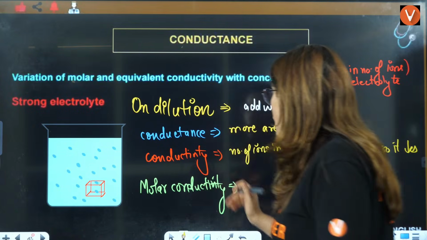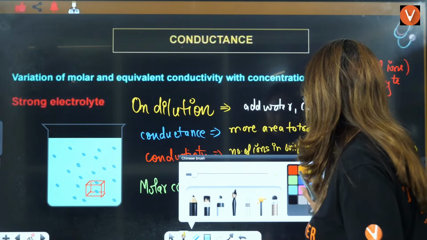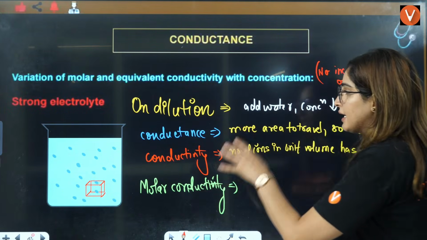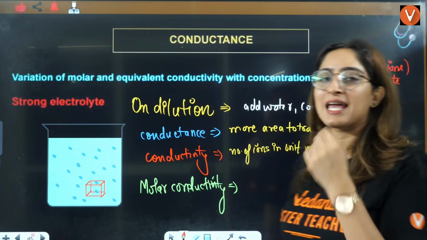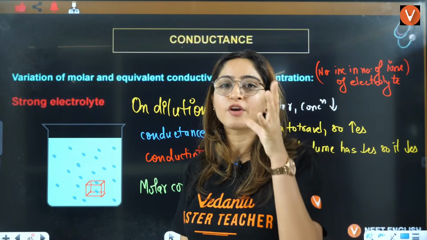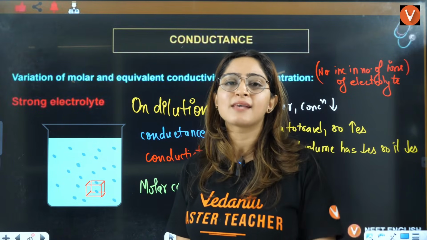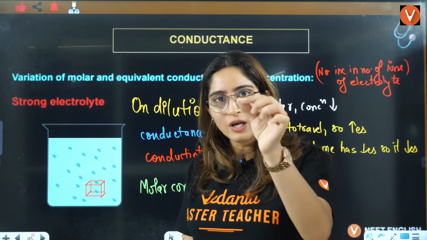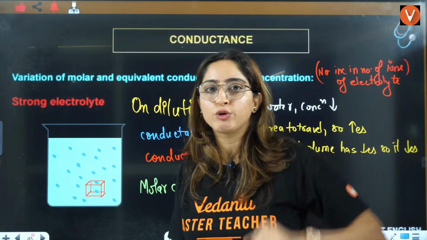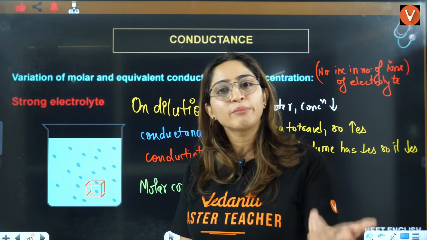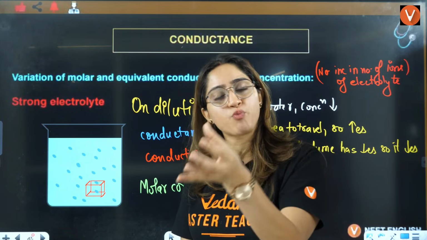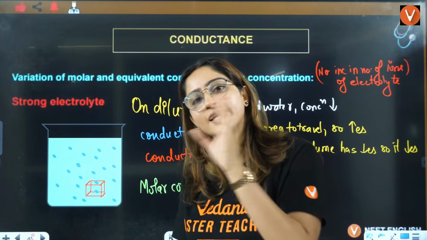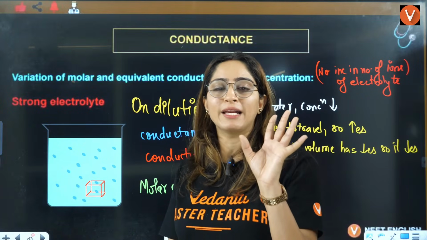Okay. Now, what about molar conductivity? In molar conductivity, I am not talking about a specific volume. It is not the same case as conductance, right? For 1 mole, number of ions are not going to change. I am specifying that I need to have 6.022 into 10 raised to power 23 ions. I have specified 1 mole of electrolyte.